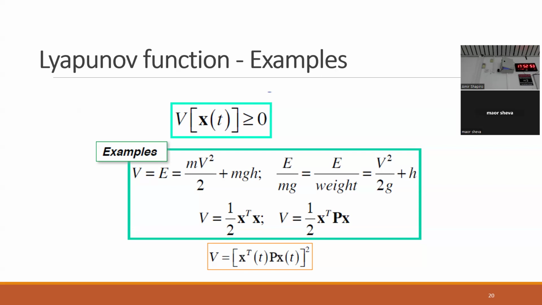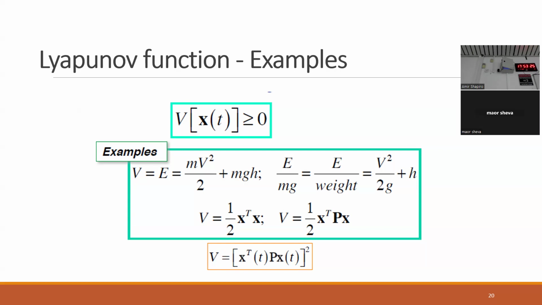And also some quadratic form of x transpose x, or half of x transpose P x, where P is a positive definite matrix. All of these are positive everywhere except at the origin.